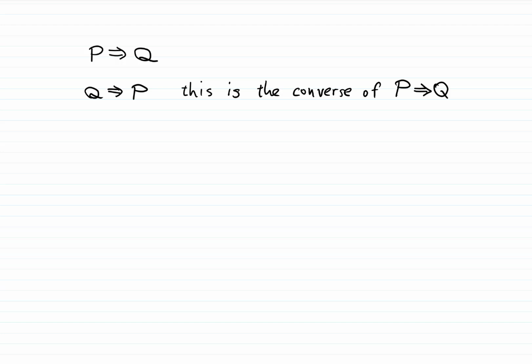Then it won't run even with a full tank of gas. So what I want you to know is P implies Q is not at all the same thing as Q implies P. Their truth values do not have to be the same. Their relationship is called converse. They are converses of each other. Okay?